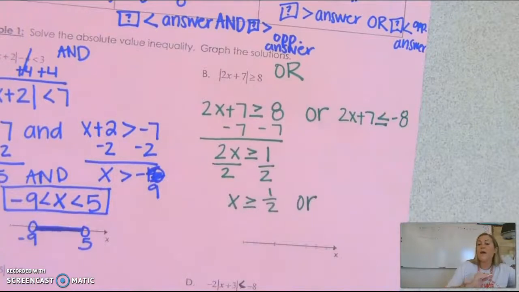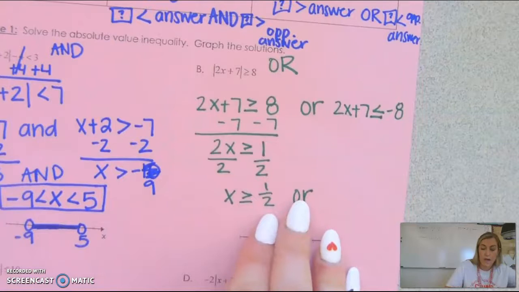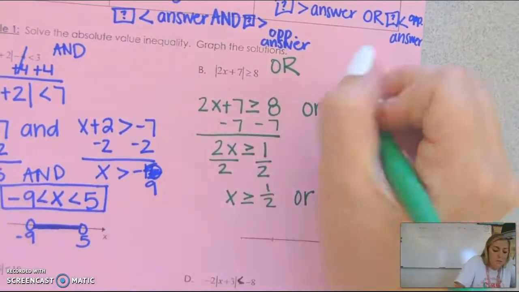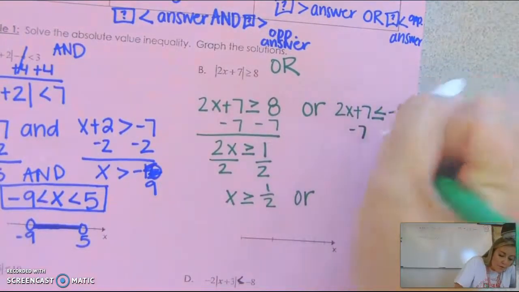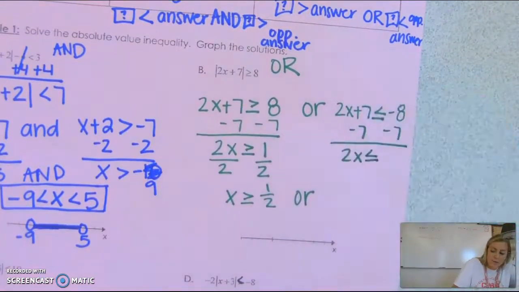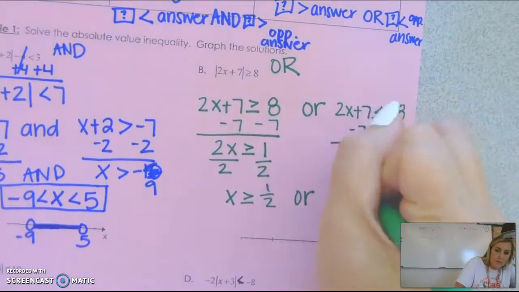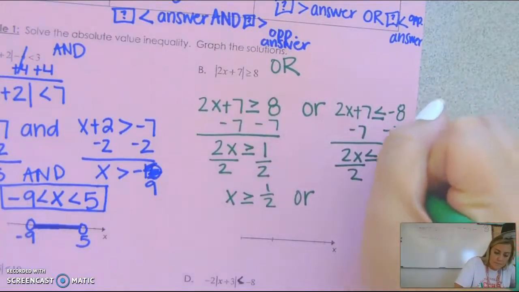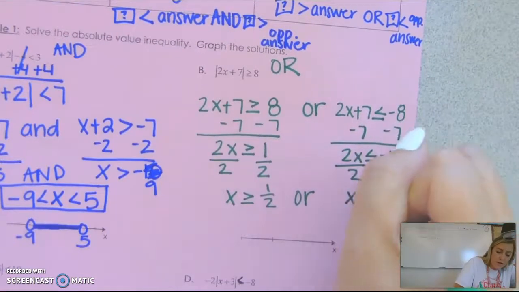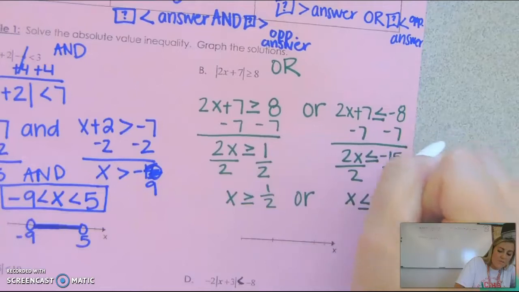We know that when we have OR equations, we always see OR in the middle, so I'm going to make sure I write that. And I'm going to do the same steps over here. So subtract the 7. 2x is less than or equal to -15 and divide. So x is less than or equal to, we can leave it as -15 over 2.